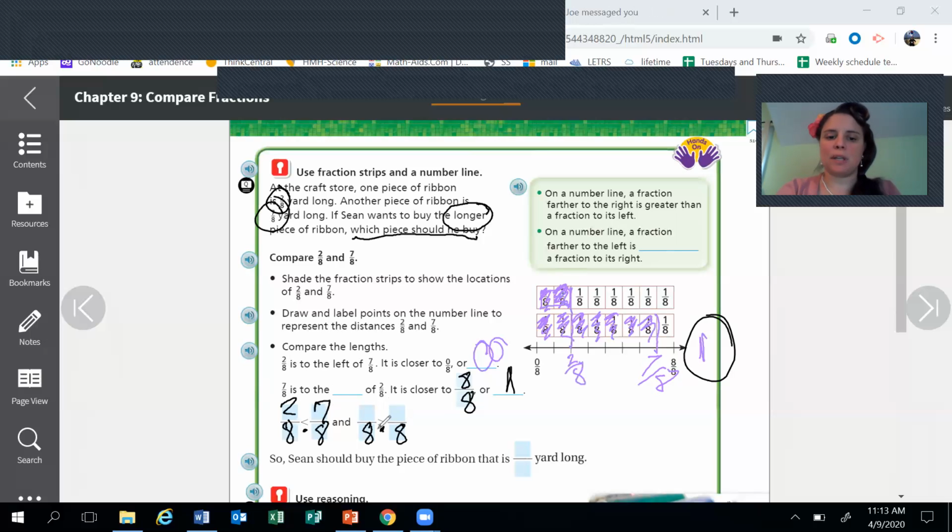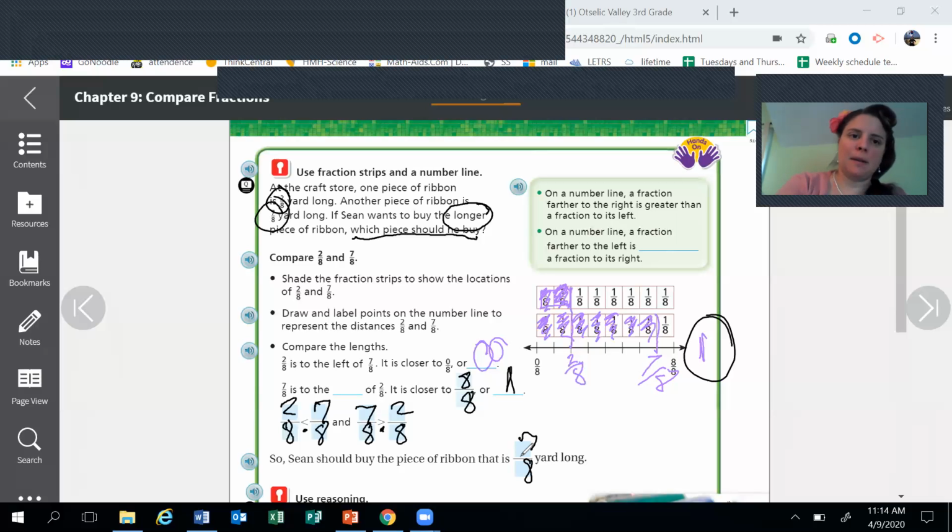And then here they flipped it. So which one is greater and which one is less? 7 and 2. So Sean should buy the piece of ribbon that is how long? 7/8, right? That's the longer one. It's almost a whole foot of ribbon or a whole yard of ribbon.